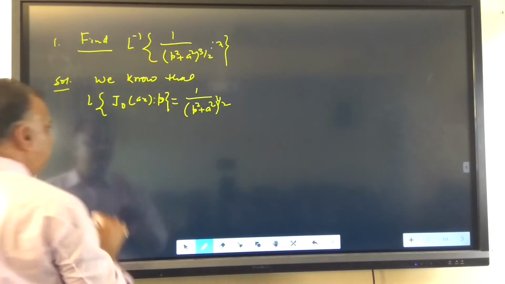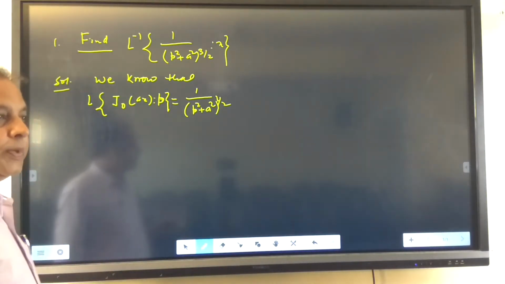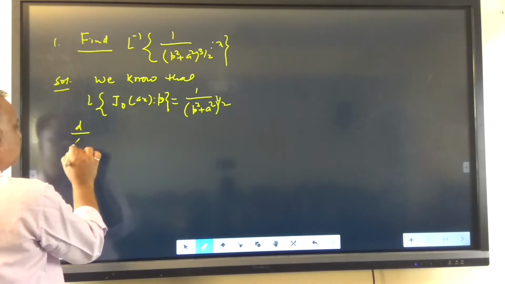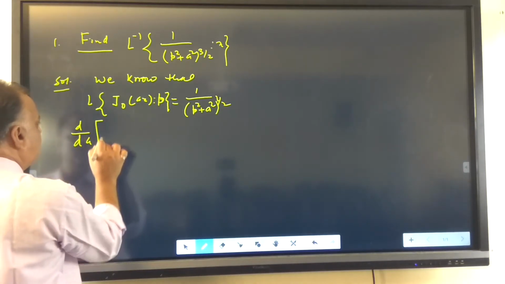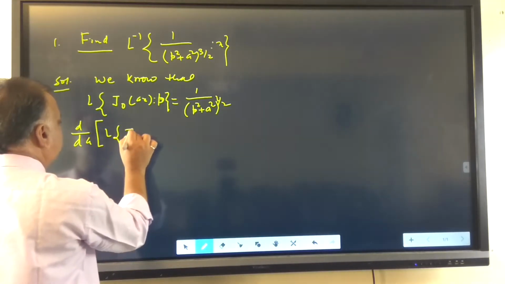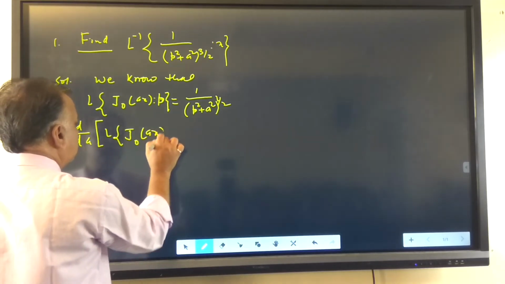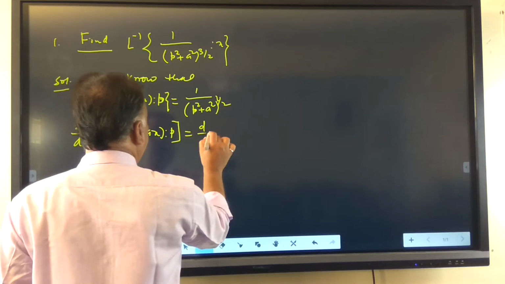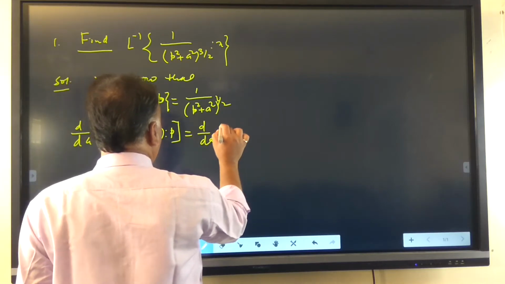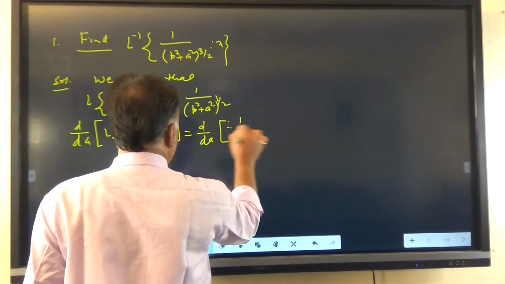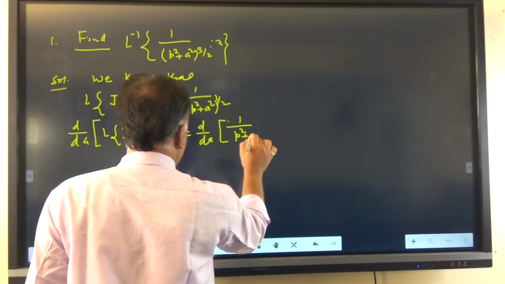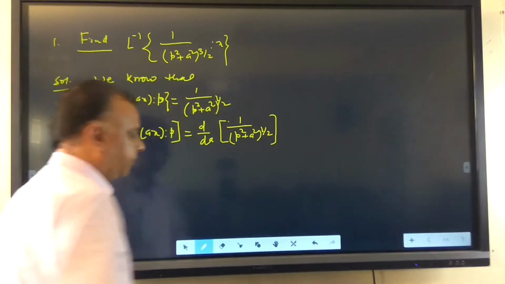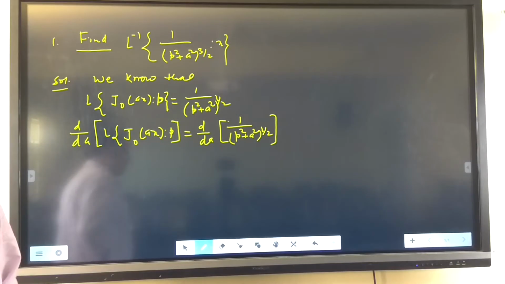Now, if we differentiate this with respect to a, we get d by da of the Laplace transformation of J0(ax) with respect to p equals d by da of 1 upon (p square plus a square) whole raised to 1 by 2.